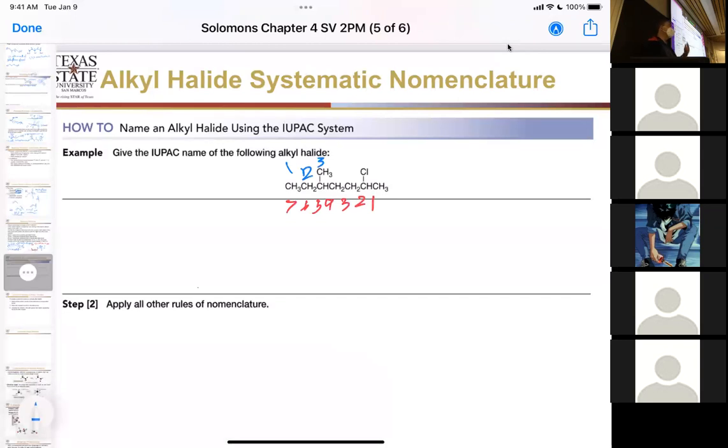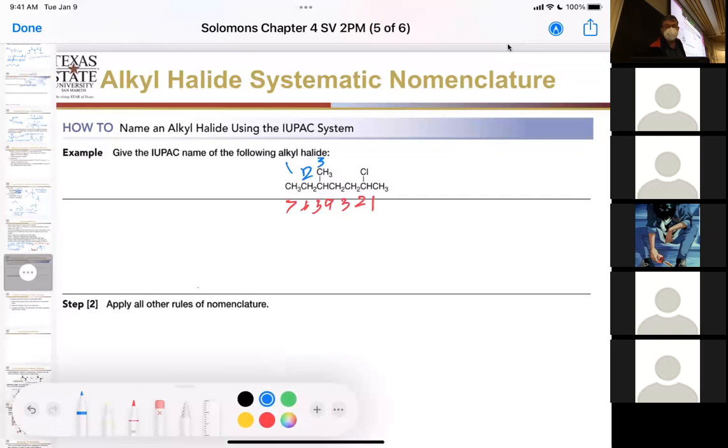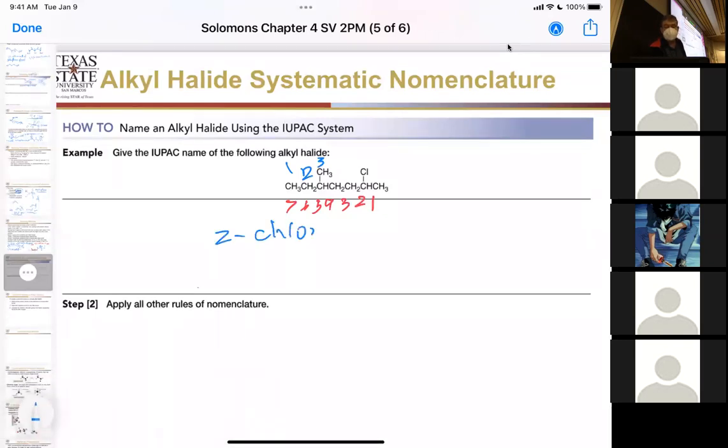Chloro comes before methyl in the alphabet. So our name is going to be, let's see, chloro is first. So 2-chloro-3-methylheptane. No space. There's no double bonds or anything like that.